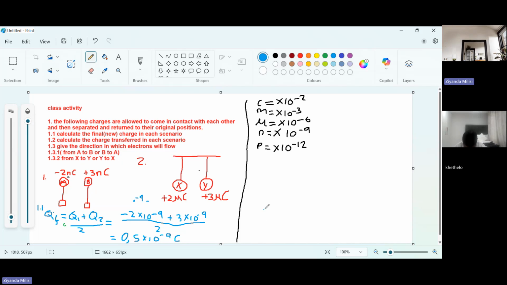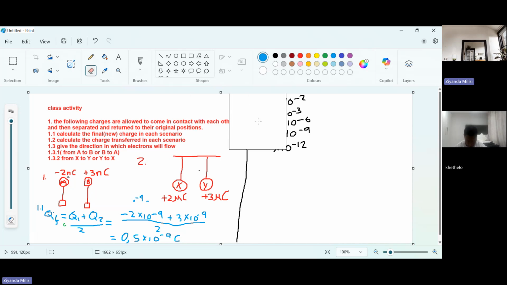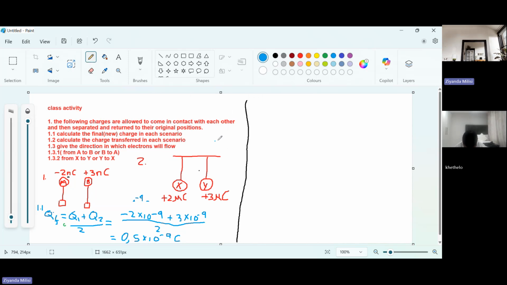Then for scenario 2, you do the same thing. So we are on our solutions now. Q final. I'm no longer going to write the equation because we wrote it first.